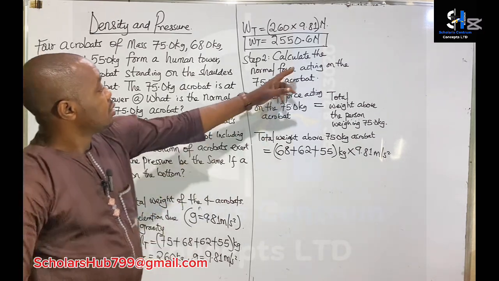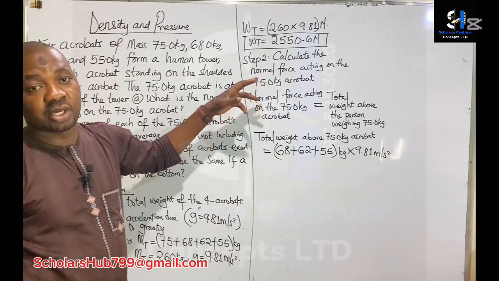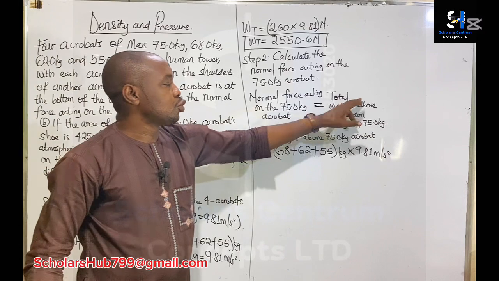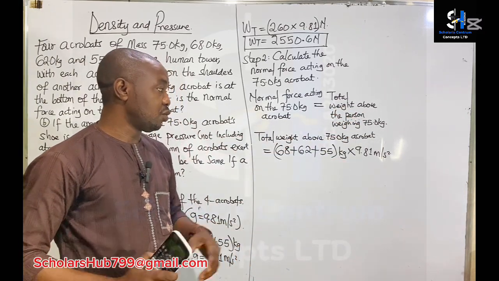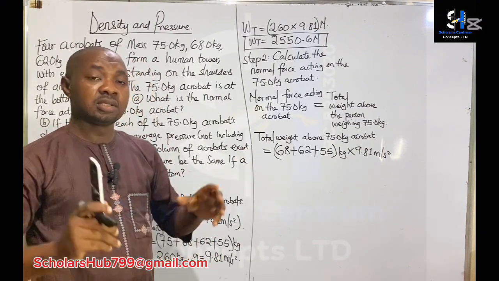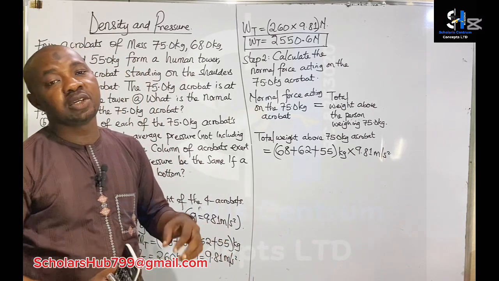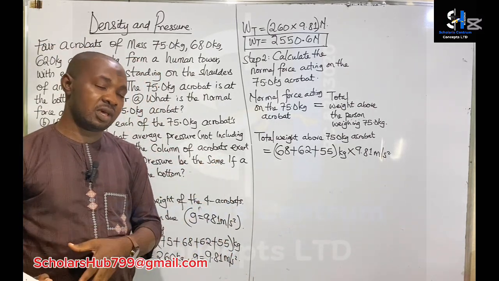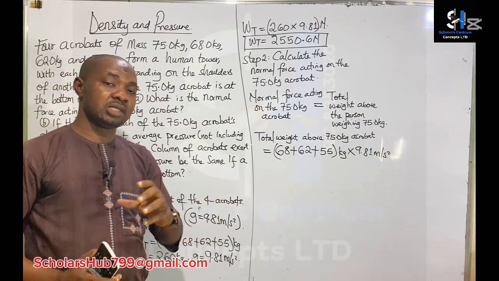Like I said, we want to calculate the normal force acting on the 75.0 kilogram acrobat, and that is equal to the total weight above the person weighing 75 kilograms. And weight is different from mass. Weight measures the gravitational pull on a body near the center of the earth, while mass measures the amount of matter contained in a body.